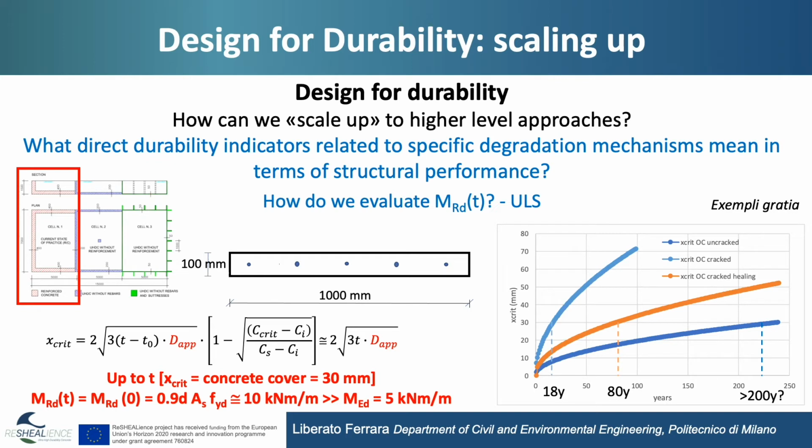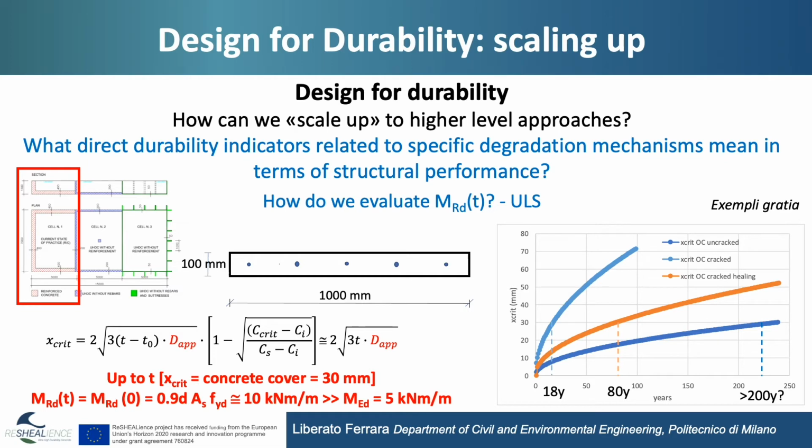Up to the time where the critical penetration depth reaches the cover, 30 millimeter, there is no problem. If we have ordinary concrete cracked, as you can see from the graph on the left, the solution tells us that we need 18 years for the chloride content at the cover depth, 30 millimeters, to reach the critical level.